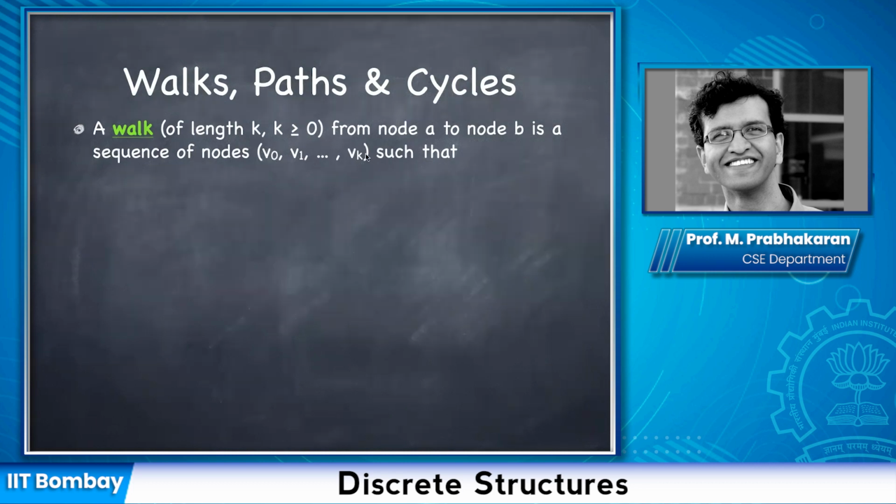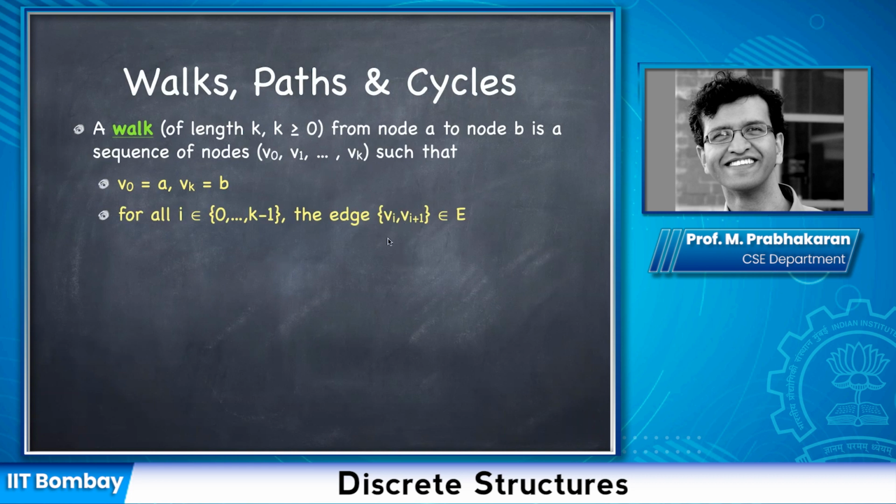The starting node is V0, and the node where we end up is Vk. If you are looking for a walk from A to B, you would require that V0 is A and Vk is B, and any two adjacent nodes in this walk, Vi and Vi plus 1, show up as an edge in the edge set.